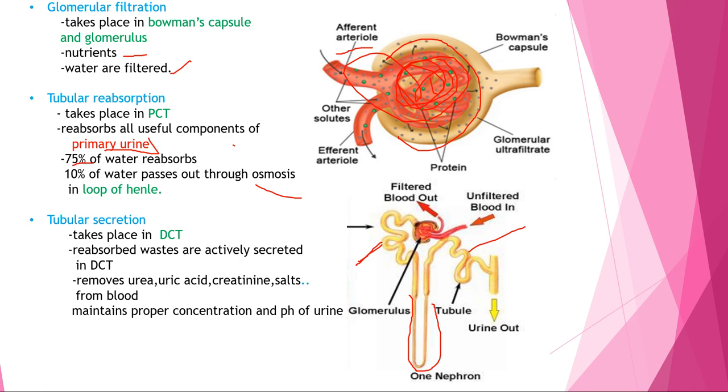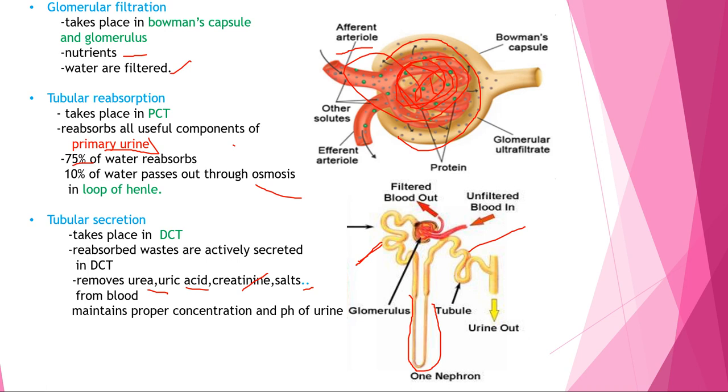The wastes are reabsorbed or secreted into the distal convoluted tubule, where it removes urea, uric acid, creatinine and salts from the blood, and it maintains a proper concentration and pH of urine.